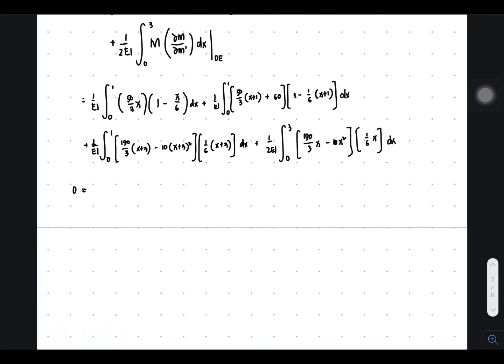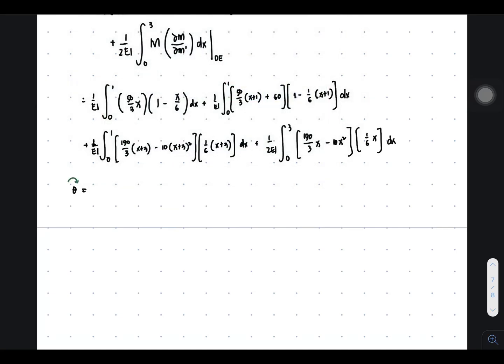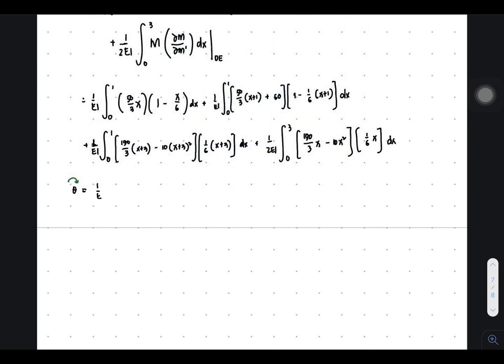Okay, so let's get now the slope with the rotation to be clockwise, starting with 1 over EI.